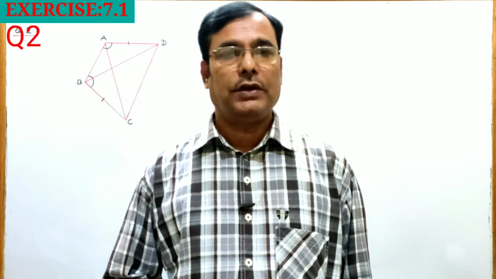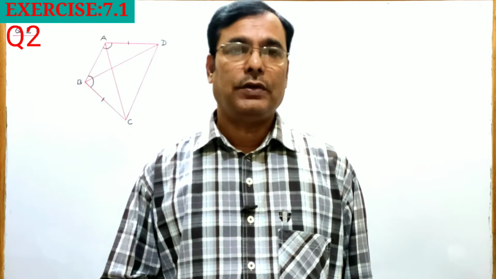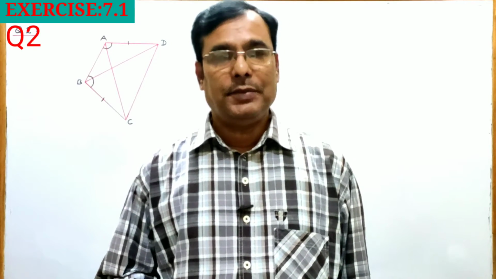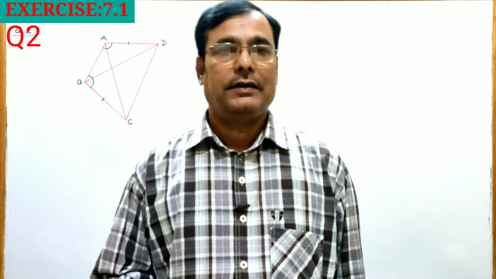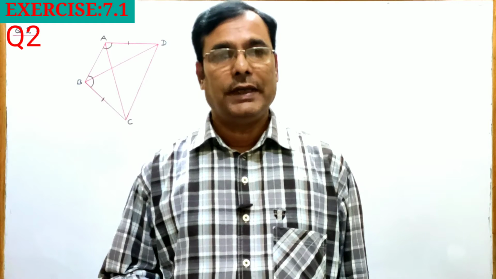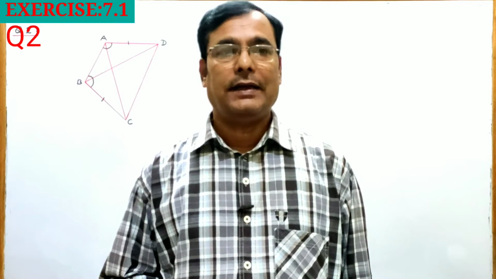Question number 2. ABCD is a quadrilateral in which AD is equal to BC and angle DAB is equal to angle CBA. Then prove that triangle ABD is congruent to triangle BAC and BD is equal to AC and angle ABD is equal to angle BAC.